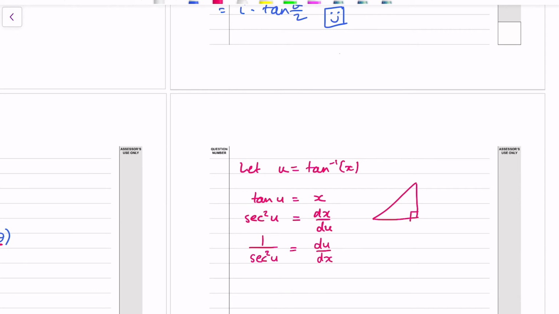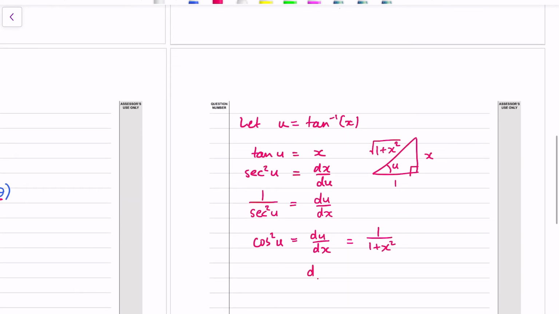Tan u is opposite over adjacent, so if I call that angle u, opposite x, adjacent 1, the hypotenuse is the square root of 1 plus x squared, and the reciprocal of sec squared is cos squared. Cos in this diagram is adjacent over hypotenuse, and I want to square it, so I get 1 over 1 plus x squared.